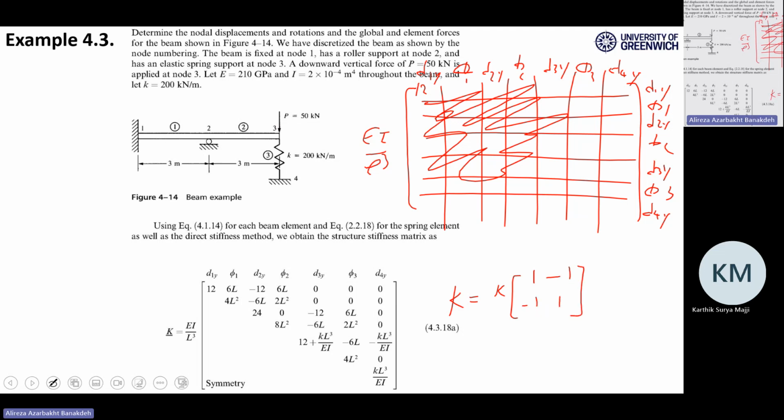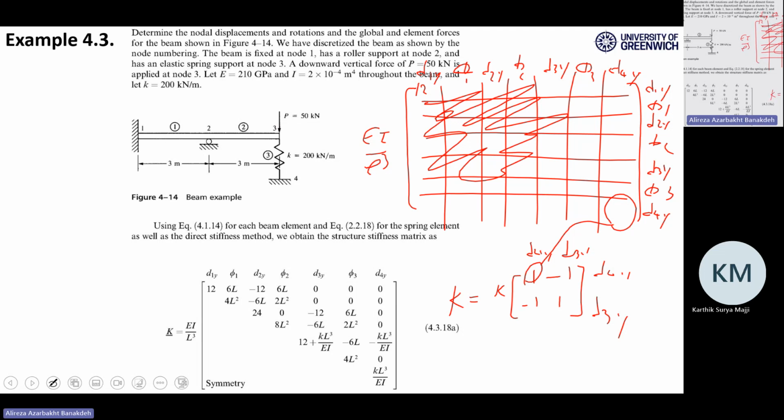When I come to this point, I want to put the first element of this here. It's D4Y, D3Y. So the first element, which is 1 times K, should go to D4Y, the column. Okay, K should go there. That cell should have K.